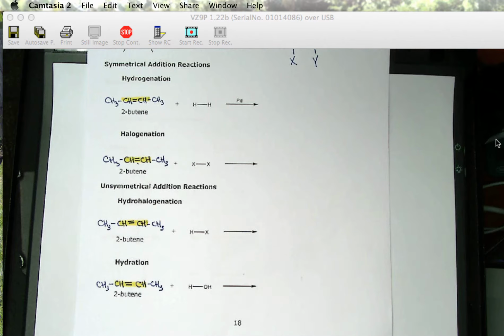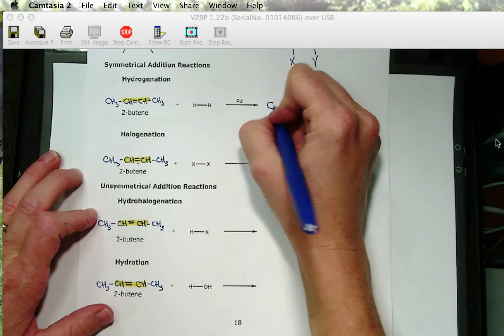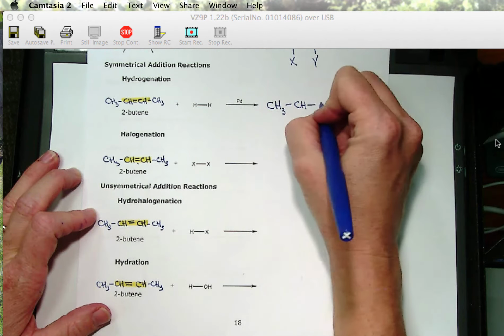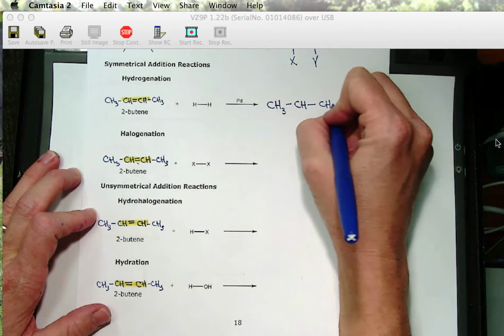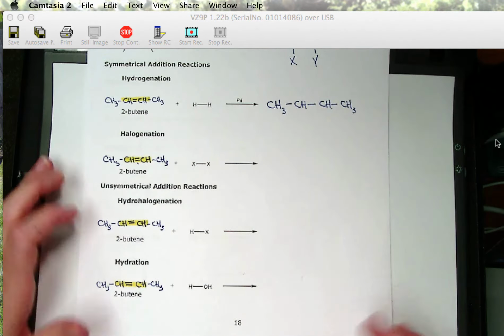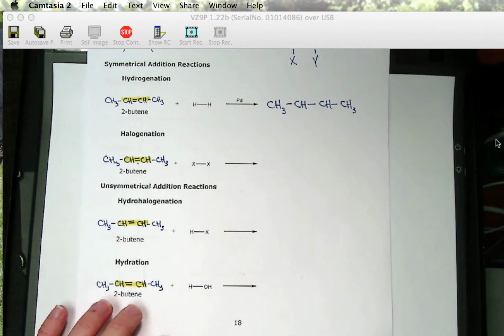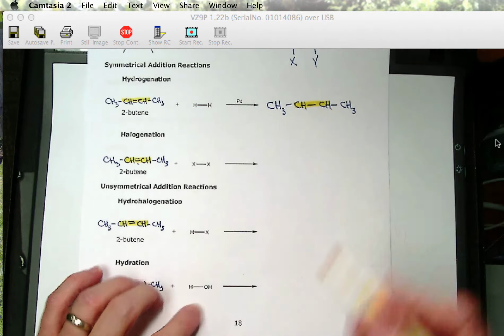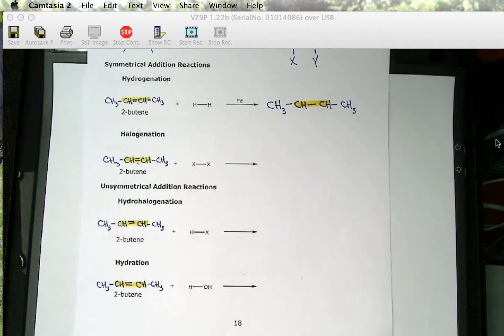Everything else in that molecule is going to stay the same, except that double bond. So copy down your new molecule without the double bond, and we'll fill in the rest in just a second.